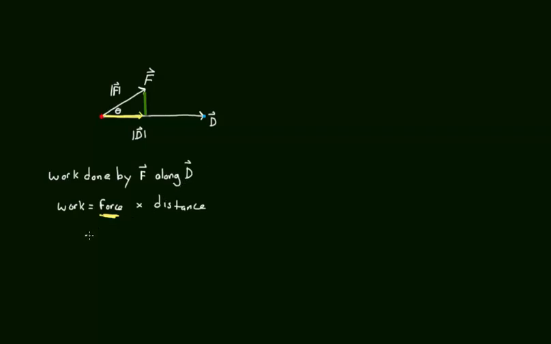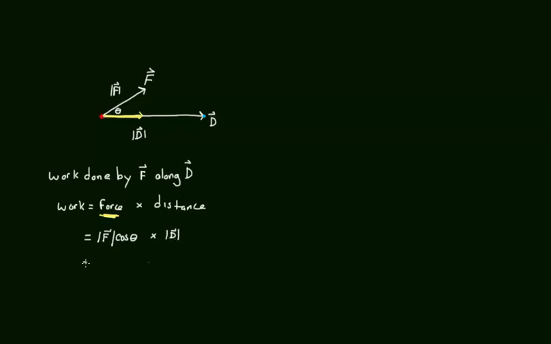Through some basic trigonometry, the force in the direction of D is going to equal the magnitude of F times the cosine of theta. And then we're going to multiply that by the distance it's traveling, which would be the magnitude of vector D. It is this formula that you might use in a typical introductory physics course.